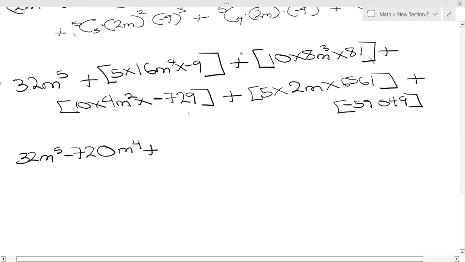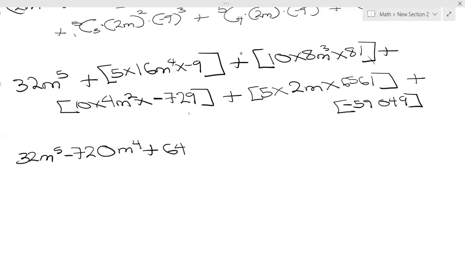Plus, okay, so 10 times 8 times 81. That'll be 6480. So we have 6480m cubed. Plus. Since we're going to have a minus here, we can just put a minus here.